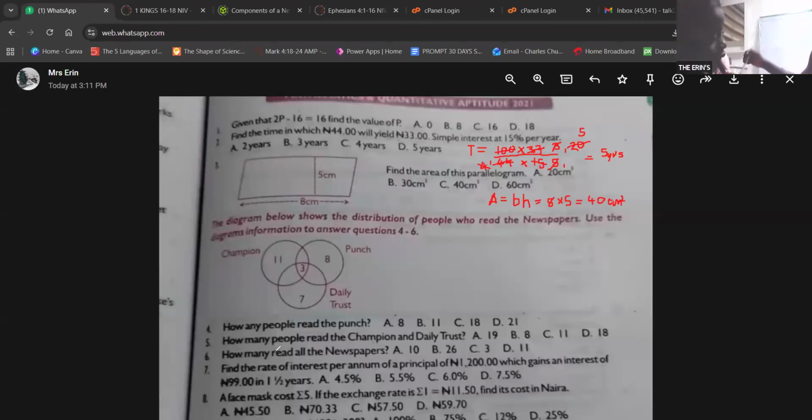So they made the arrow point to the people who read all the newspapers, versus the total number of people. Are you sure we want to take it that way? I think that number in the middle, that 3, should be our focus in this question. So let's go with 3 so that we'll be on the safe side.